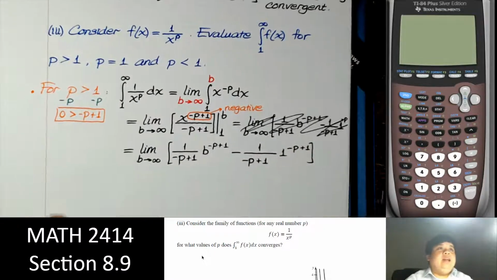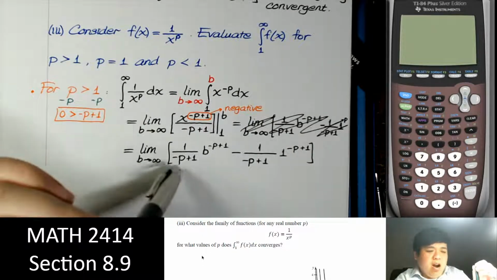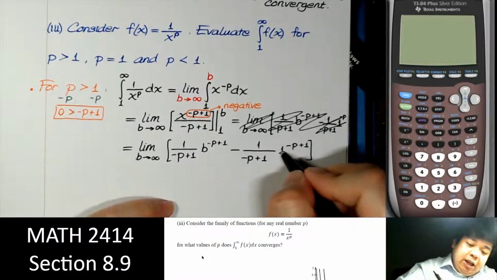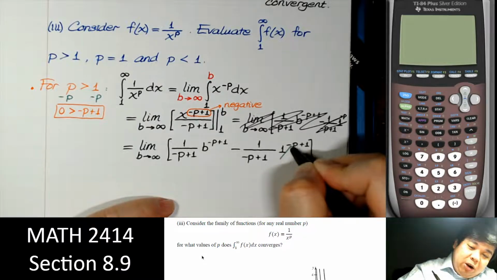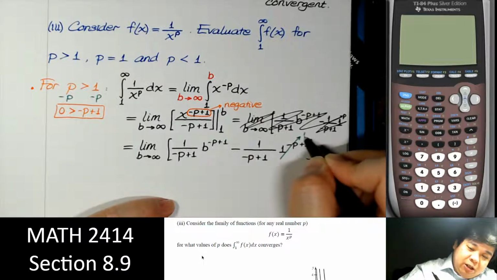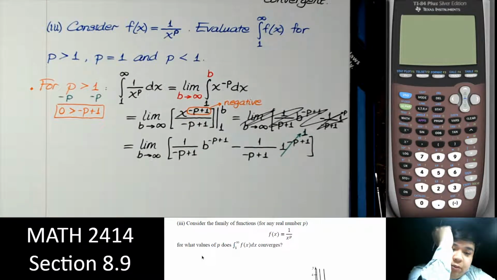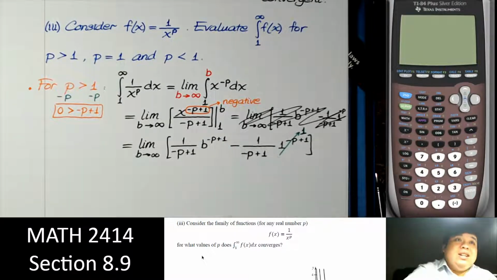Now, this is a little more complicated with the constant p, but remember p is a constant. This one is not complicated: 1 raised to any power is 1, so that one doesn't matter.